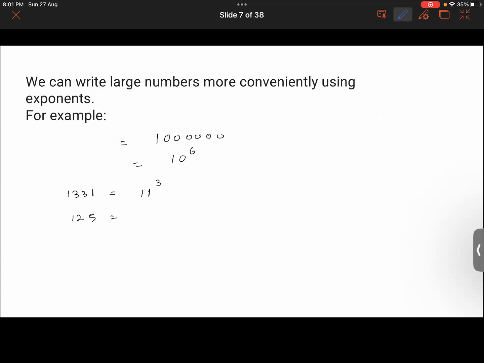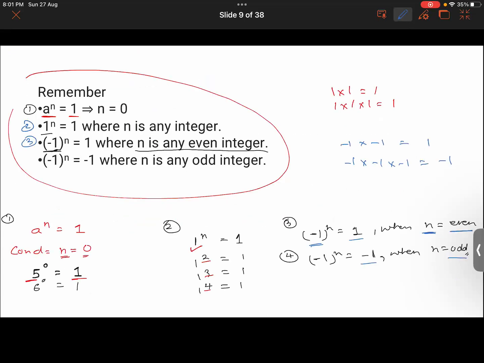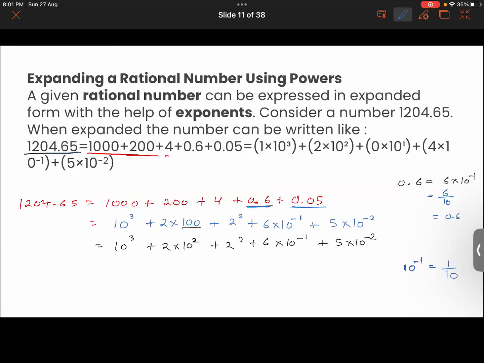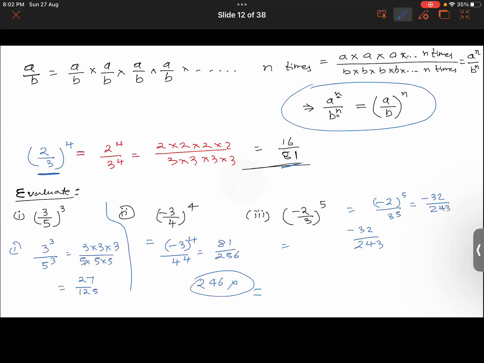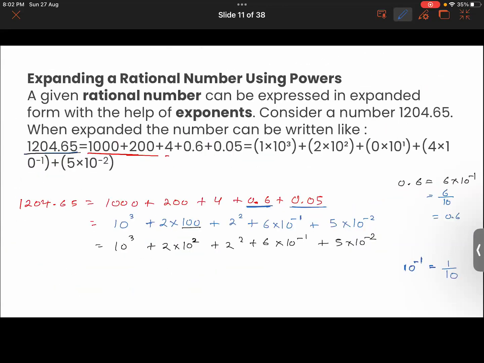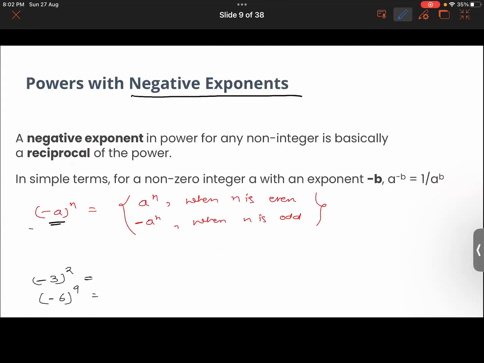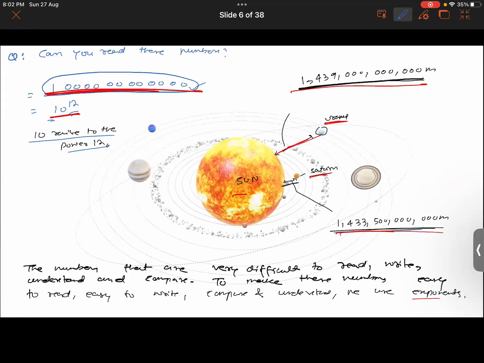And then you will write the definition which I gave you: numbers that are very difficult to read, write, understand, and compare. To make these numbers easy to read, write, compare, and understand, we use exponents.